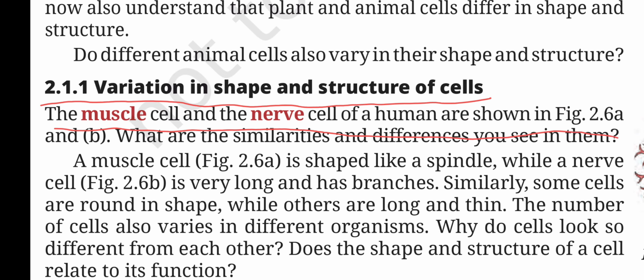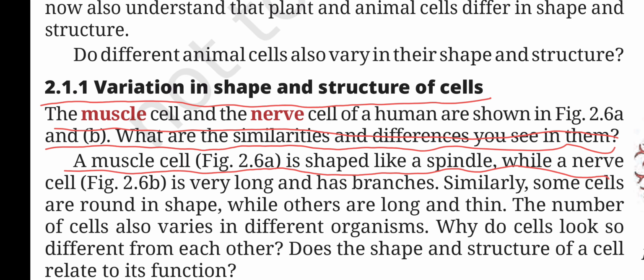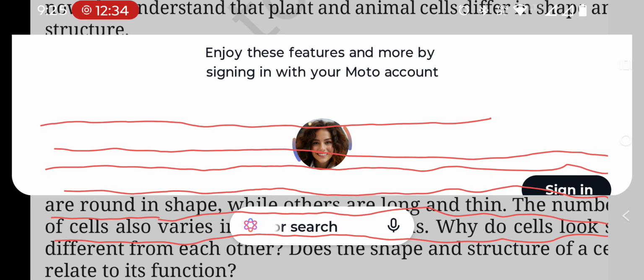The muscle cell and the nerve cell of a human are shown in figure 2.6a and b. What are the similarities and differences you see in them? A muscle cell, figure 2.6a, is shaped like a spindle, while a nerve cell, figure 2.6b, is very long and has branches. Similarly, some cells are round in shape while others are long and thin.